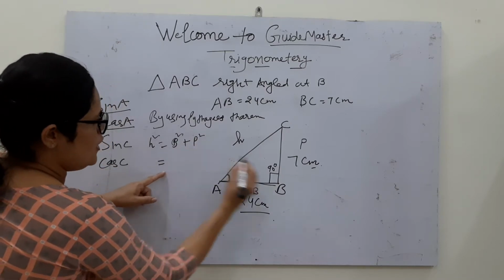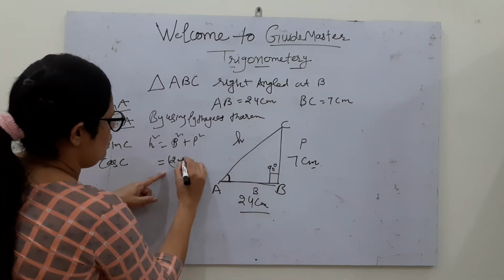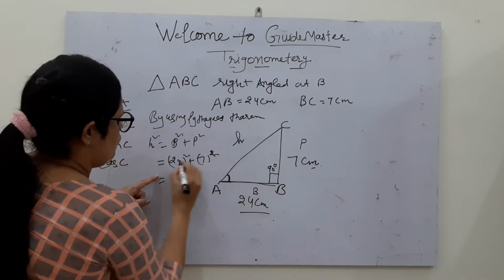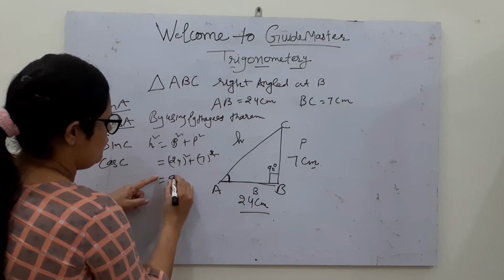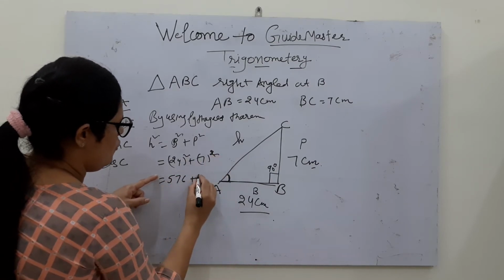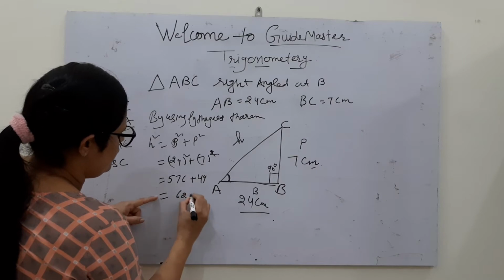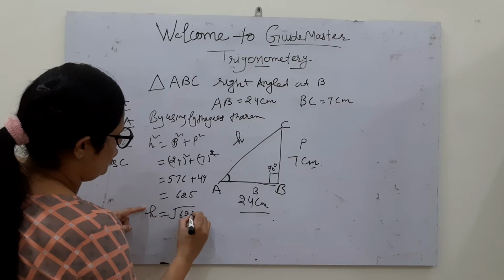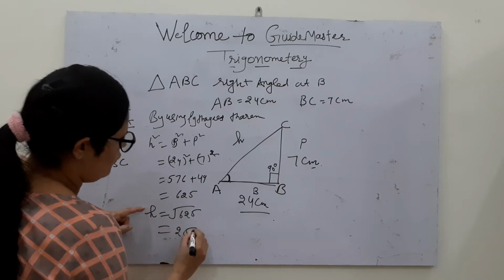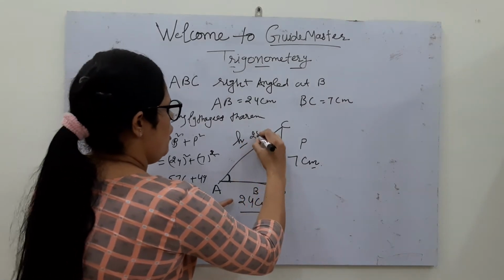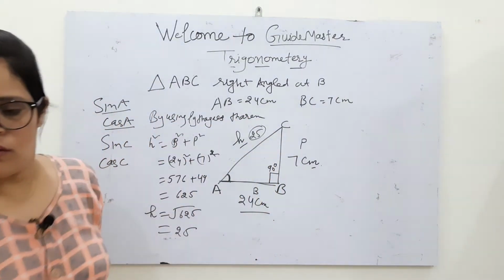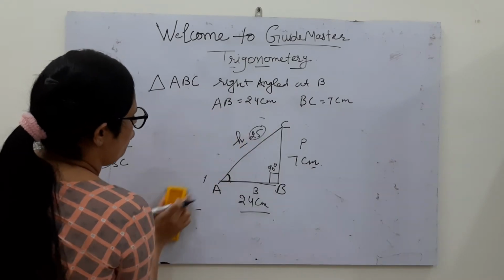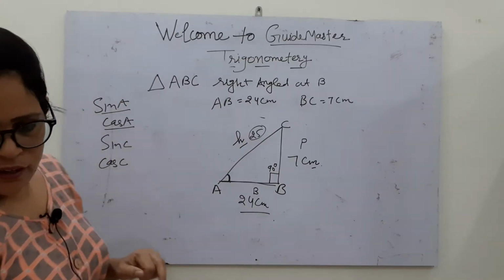That is, b is 24 the square plus p is 7 the square. So 24 square is 576 plus 7 square 49 is 625, and h comes out under root 625, that is 25. Here h comes 25. So now we have to calculate sin A and cos A.